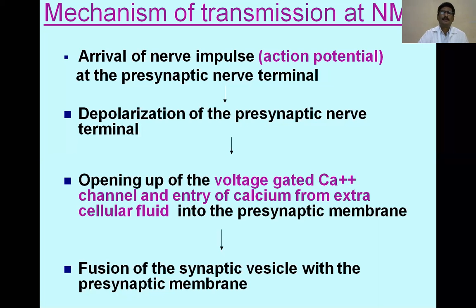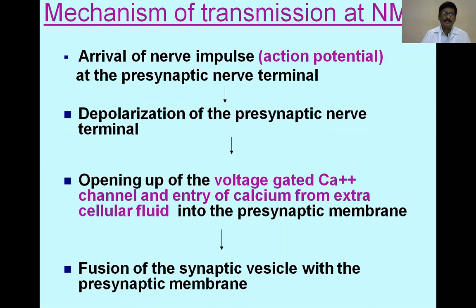How it happens, the molecular mechanism, we are still studying. What is proven is the entry of calcium, which causes exocytosis of acetylcholine containing vesicles. The process happening within the presynaptic terminal is called priming, docking, then release.